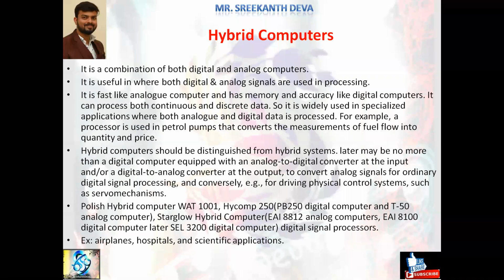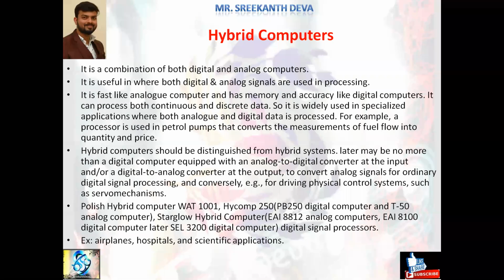A hybrid computer is a combination of both digital and analog signals for use in processing. Digital means discontinuous or discrete data. Analog means continuous data. So these two points you need to remember very clearly about hybrid computers.